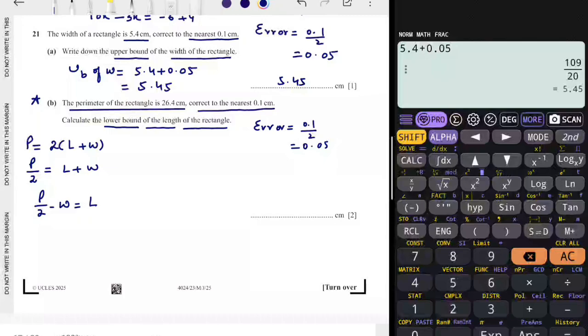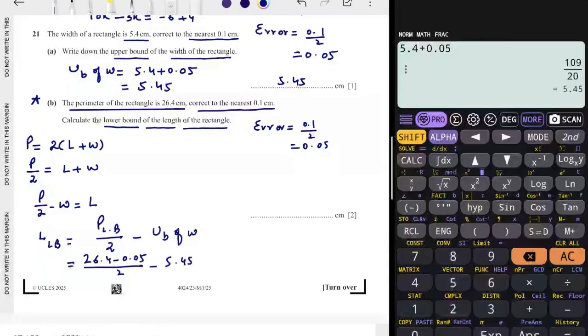So according to the question, we have to find out the lower bound of the length. So the lower bound of the length would be equal to the lower bound of the perimeter divided by 2 minus the upper bound of the width. So it will be 26.4 minus 0.05, divided by 2, minus the upper bound of width, which is 5.45.